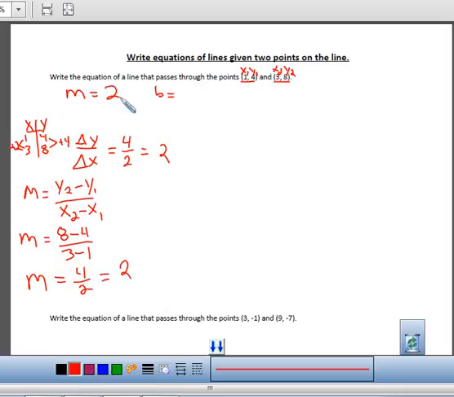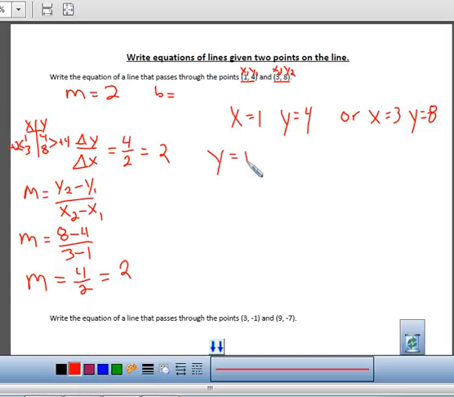So we have our slope, it's 2. Now, the y-intercept. Remember, same thing that we did before. This time you have 2 points to choose from. We can do x is equal to 1 and y is equal to 4. Or we can do x is equal to 3 and y is equal to 8. Either one of these is going to work.